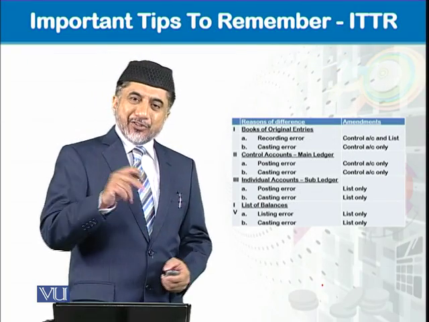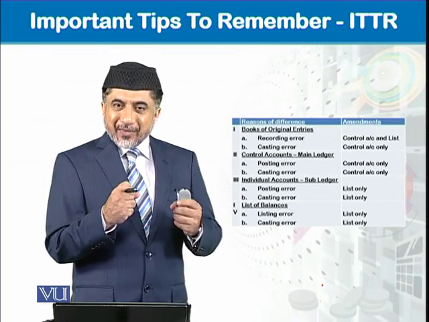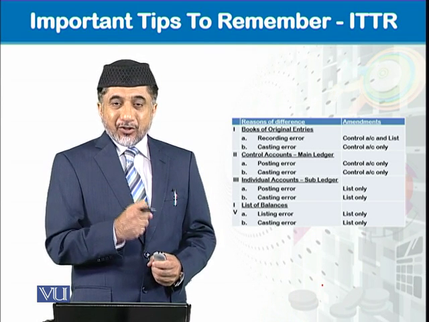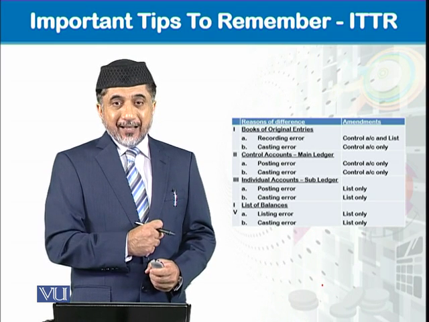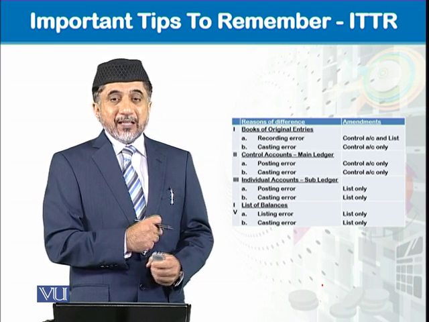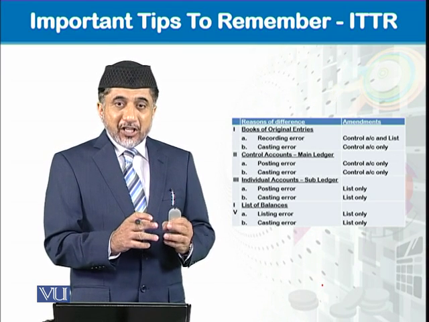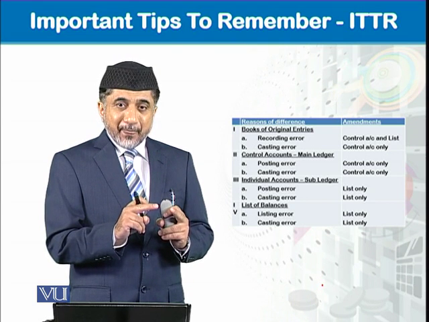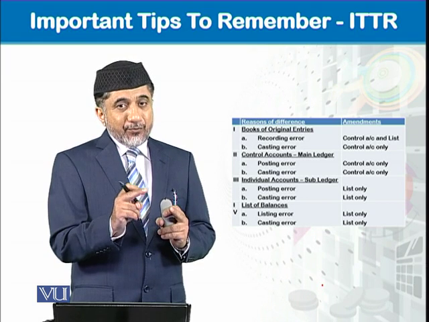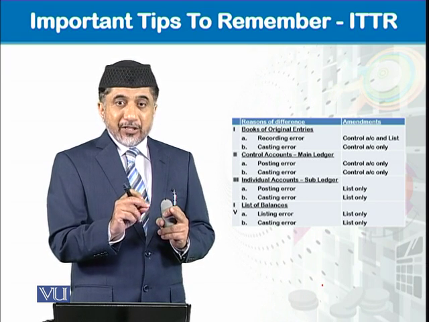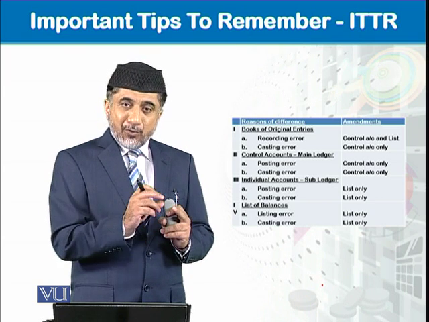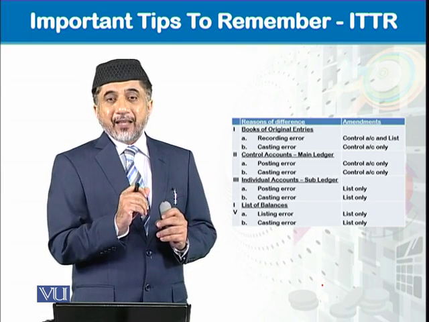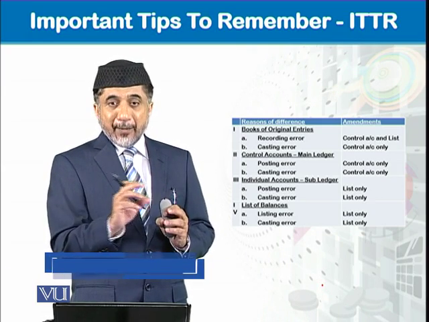So the ITTR for this module is to grasp this table. You should learn this table and your concepts should be very clear while learning it, that is, how the information is moving from books of original entry to the subsidiary ledger and from the individual subsidiary ledger to the list, and then from books of original entry to the main ledger in the control account, and then how those control accounts are balanced.